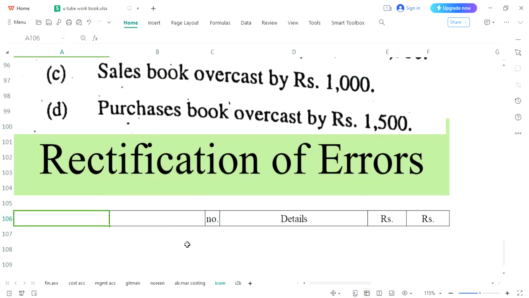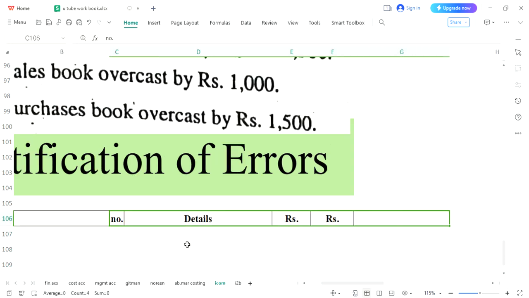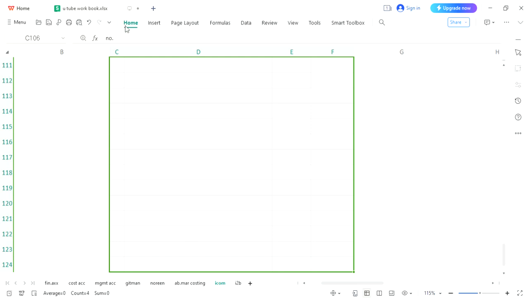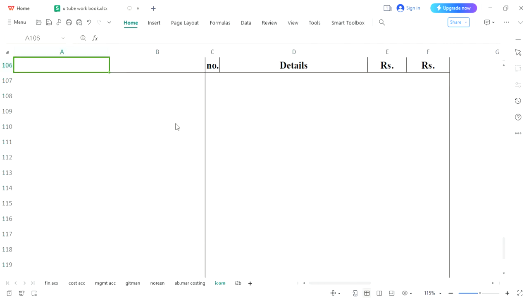Please note it down. Why I have made these two columns, we will understand a little later. For the time being, we are concerned only with these journal entries, and I am going to remind you that in journal entries we write debit and credit. First line is considered debit and second line is considered credit, and we usually put the amount over there. Alright, this is our proforma, and here we will create journal entries.